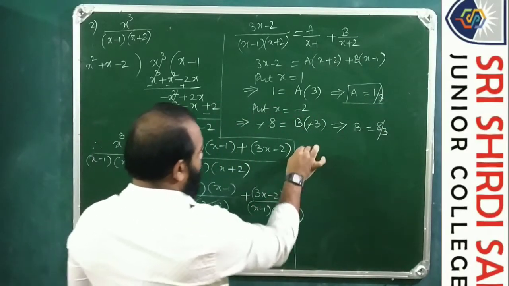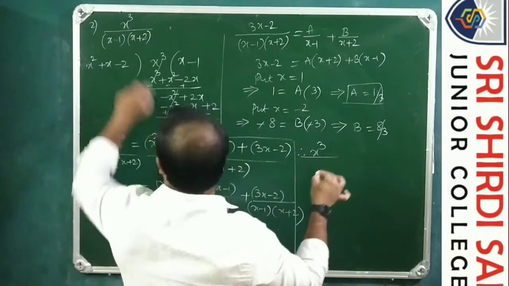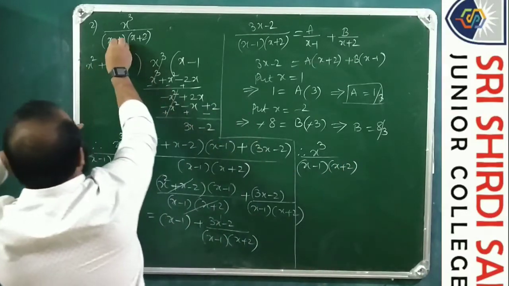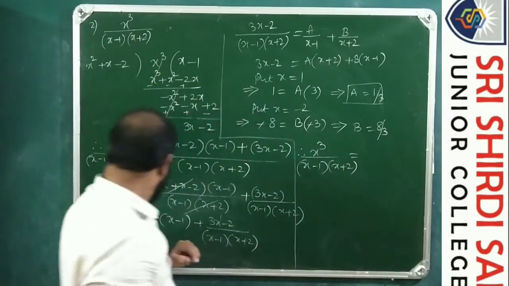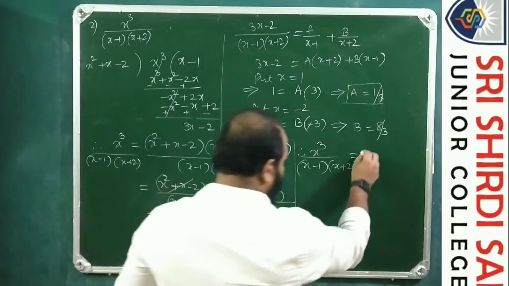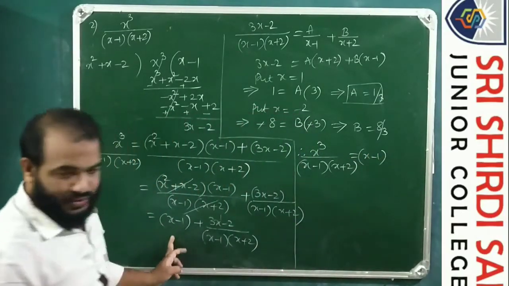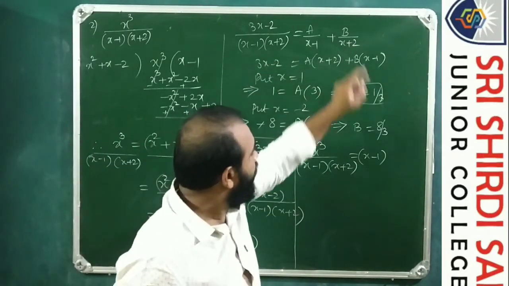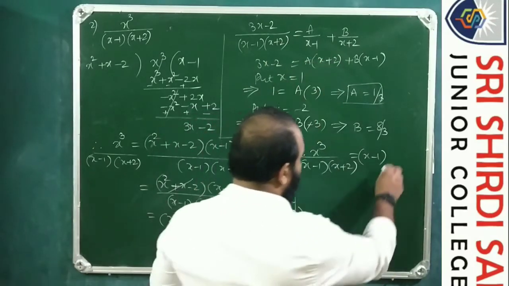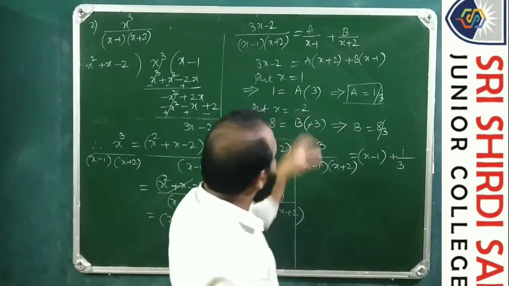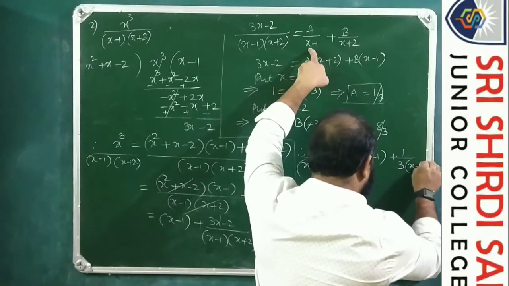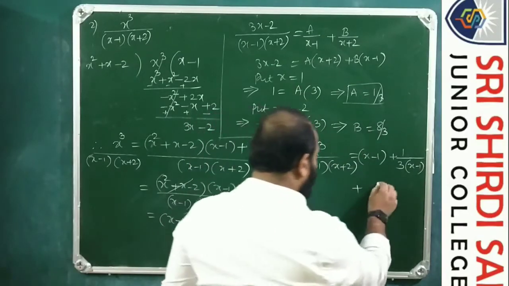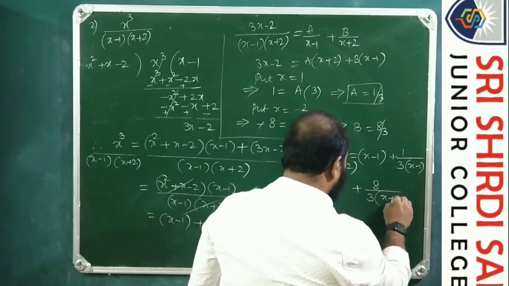Therefore x cube by x minus 1 into x plus 2 is equal to x minus 1, as usual, plus 3x minus 2 by x minus 1 into x plus 2, which is a by x minus 1 plus b by x plus 2. The value of a is 1 by 3, so 1 by 3 into x minus 1 plus 8 by 3 into x plus 2.